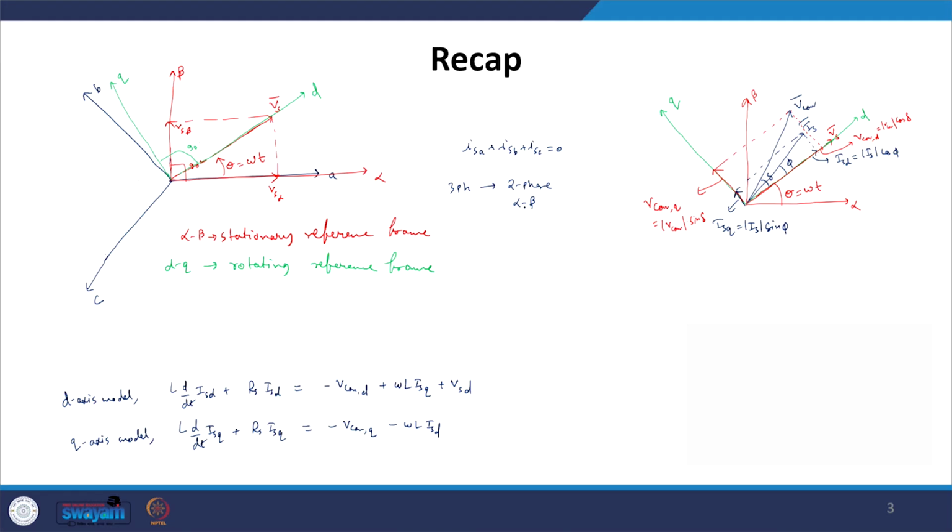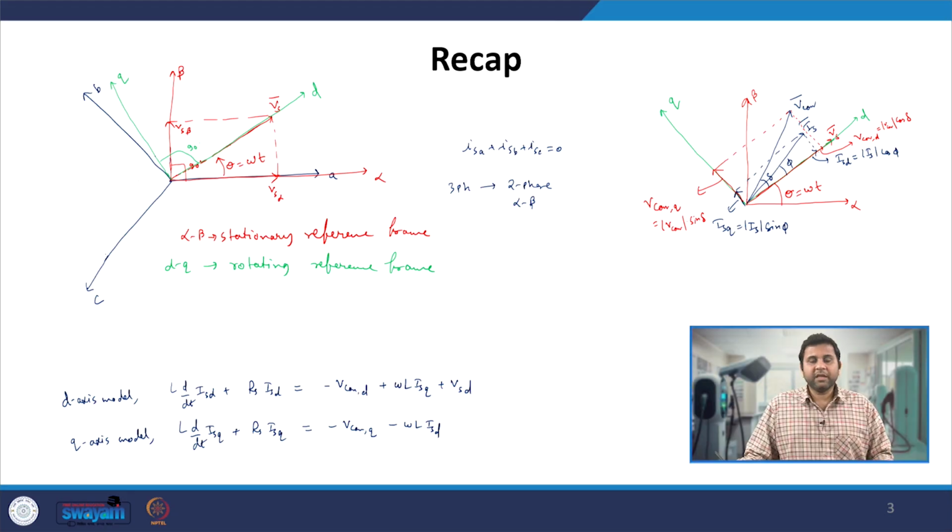Whatever changes you make in the alpha component will not have any impact on the beta component, and any change in the beta component will have 0 impact on the alpha component. That is when you can independently control the alpha component and the beta component.